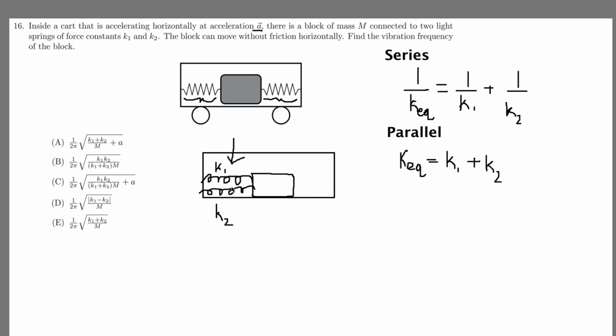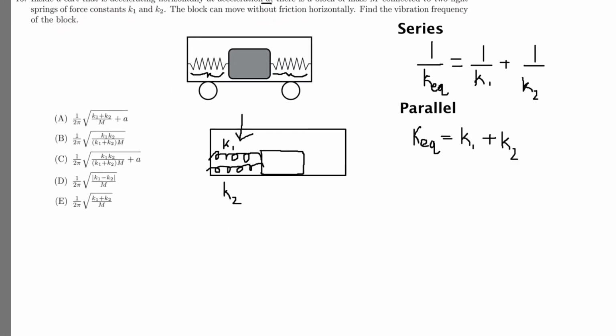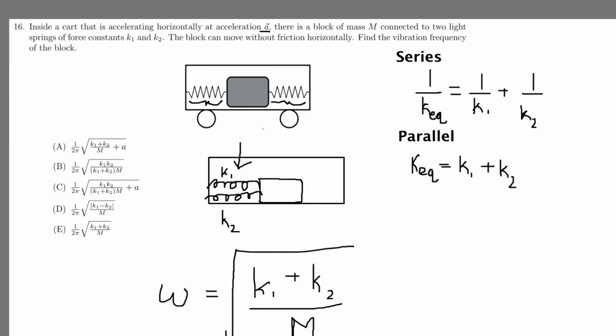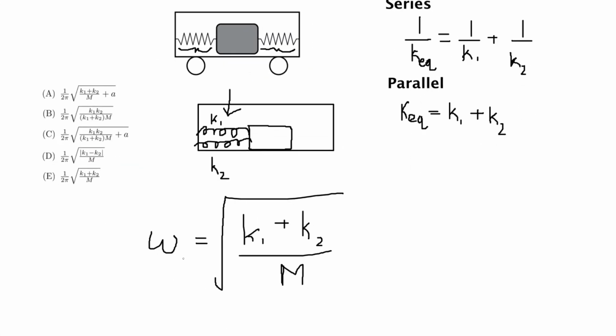So for this, we have two parallel springs. Okay, so let's take K1 plus K2, that's the equivalent spring, and then the angular frequency is the square root of K1 plus K2 over M, just the mass of the block. So that's what we get for W, and if you want to find f, the actual frequency, we take 1 over 2 pi and multiply by that.